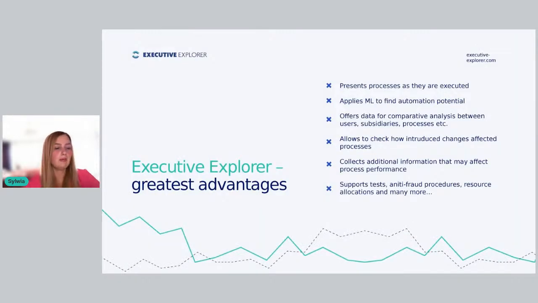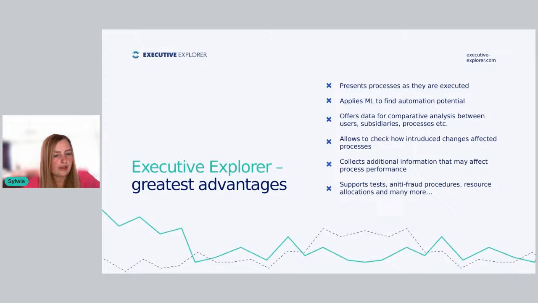And before we begin this presentation of the tool, I'd like to talk to you a bit about its greatest advantages. First of all, of course, it presents processes as they are executed. So what I've said before, all those processes as they really are, not as we wish they were or as the documentation says. Additionally, it finds automation potential.